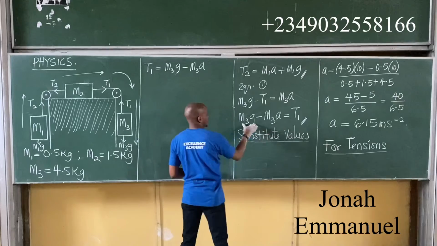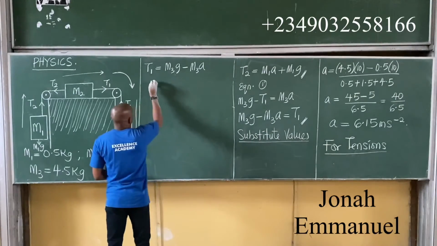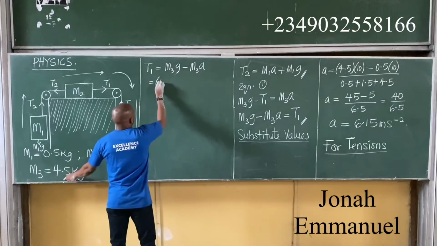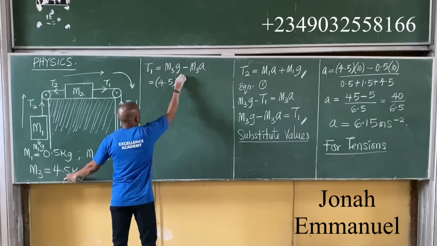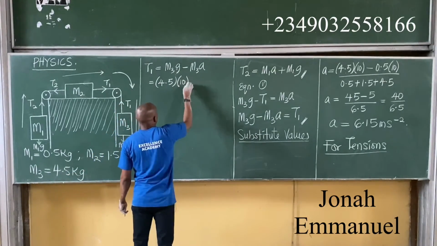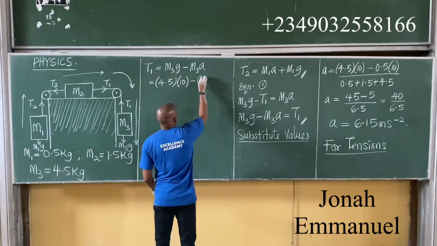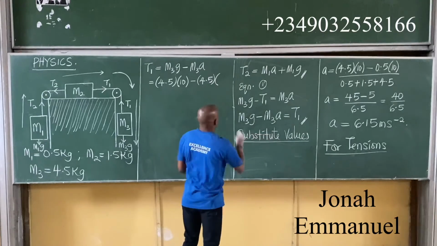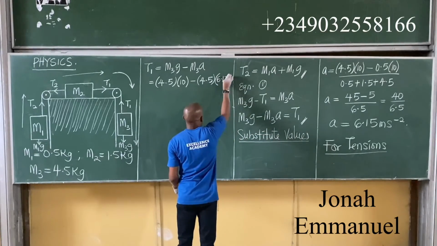In this value, M3 is 4.5, so 4.5 into G, which is 10, minus 4.5 into A. A is 6.15.